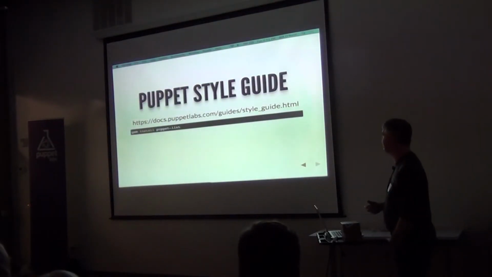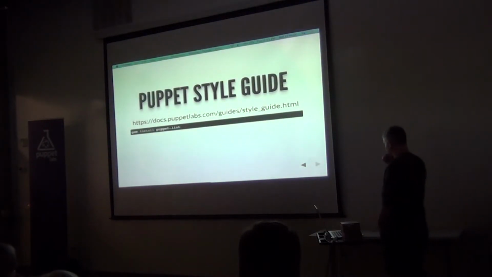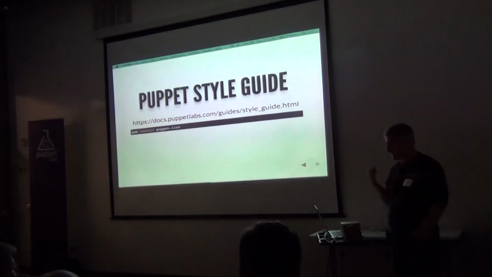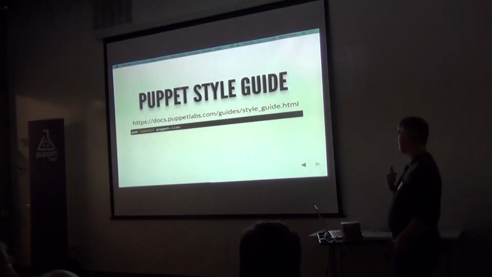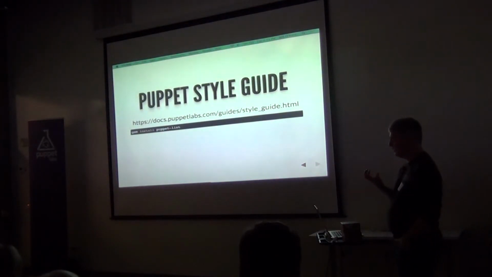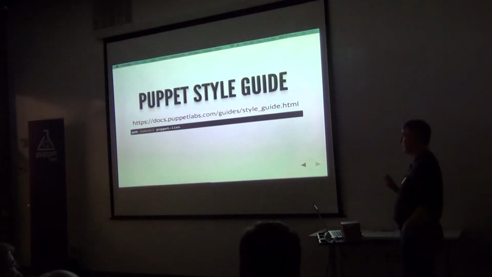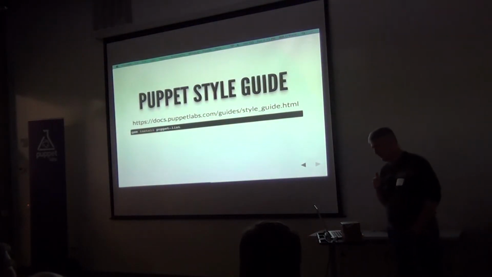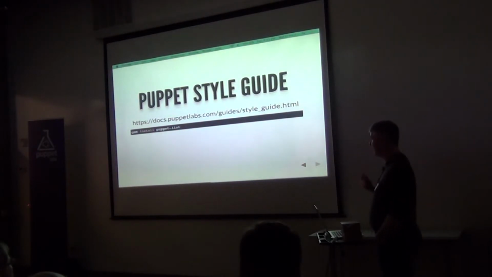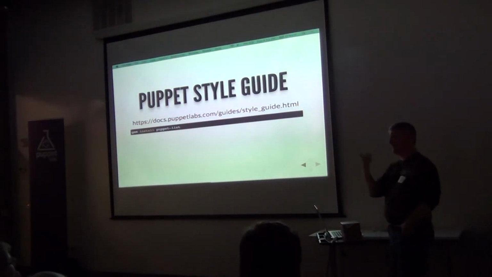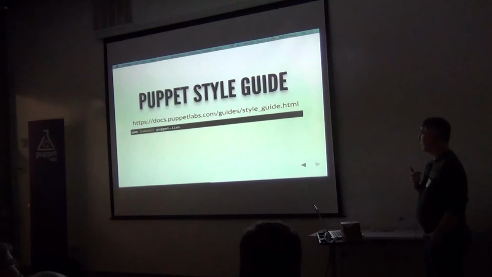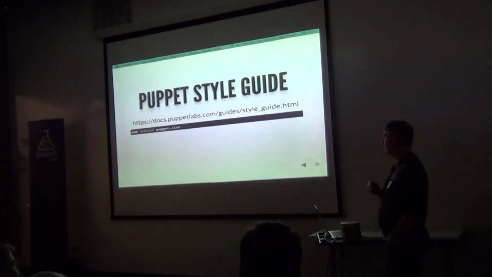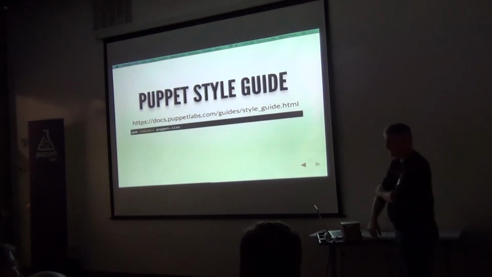Okay, so the Puppet style guide. If you're new to programming or just new to Puppet in general, this is actually a pretty good read. It explains the way you want to structure your code. It'll cover the module structure that previous people have talked about, the sticky bit mode on files, whether you want booleans to be quoted or not, and pretty much a bunch of good stuff.